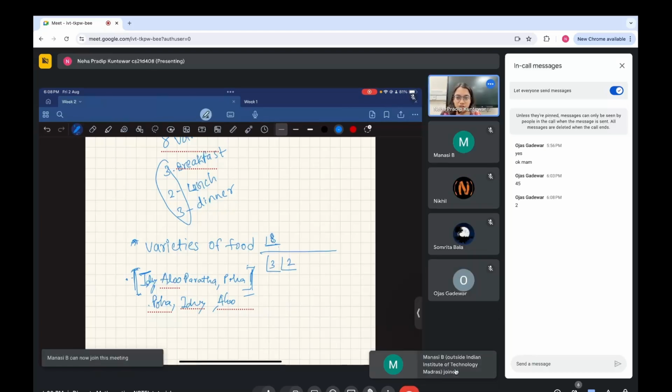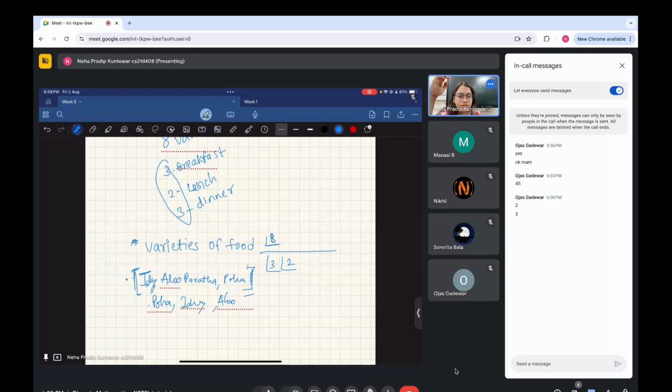How many times are we overcounting for dinner? Is it 3 or is it 3 factorial? Yeah, exactly. There are 3 factorial many arrangements you can make with 3 items, and hence you should divide by 3 factorial.